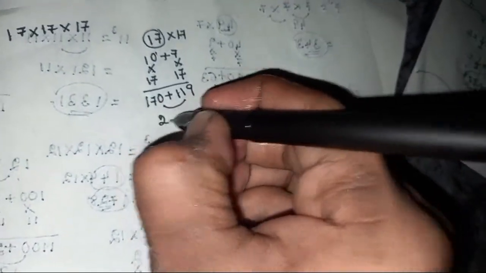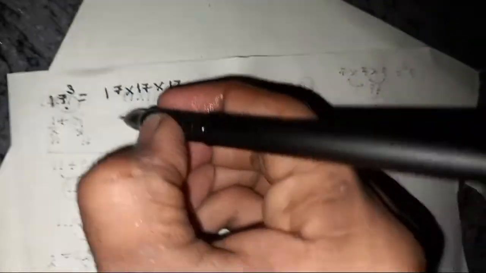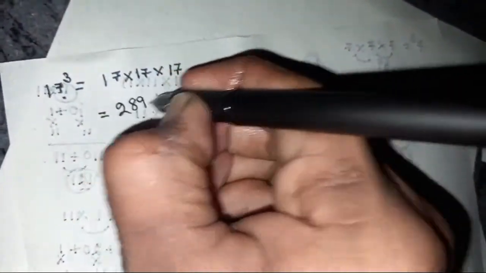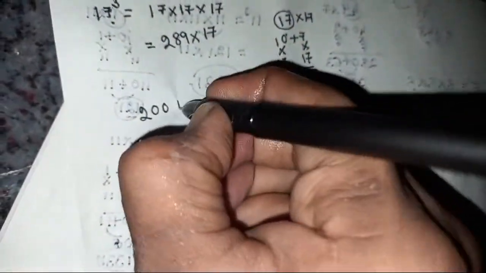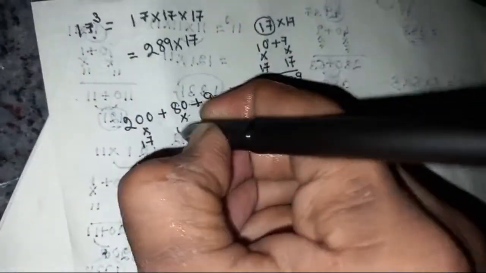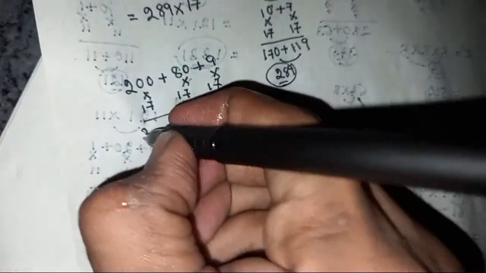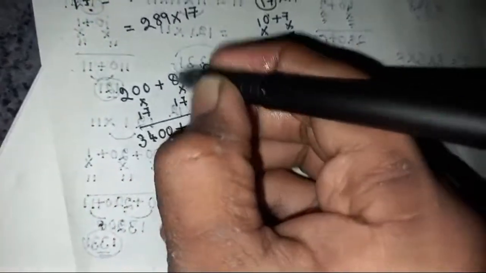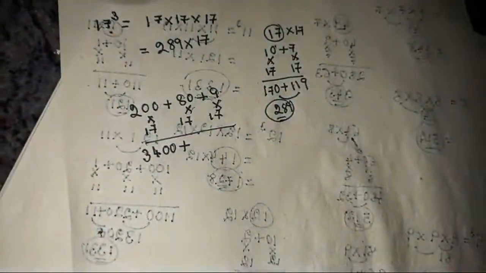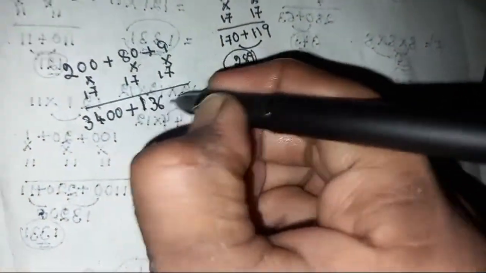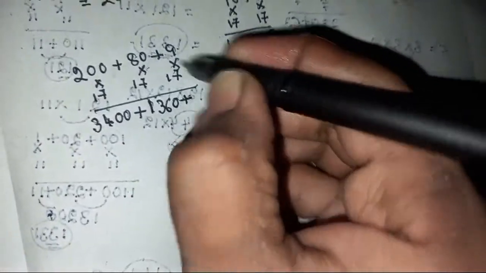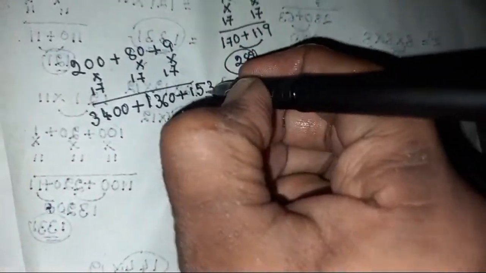This is going to become 289. This is 289 times of 17. We can split 289 as 200 plus 80 plus 9. Here also 17, here also 17, and here also 17. 2 times of 17 is 34, 3400 plus 17 times of 8 going to become 136, which is 1360 plus 17 times of 9 is 153.